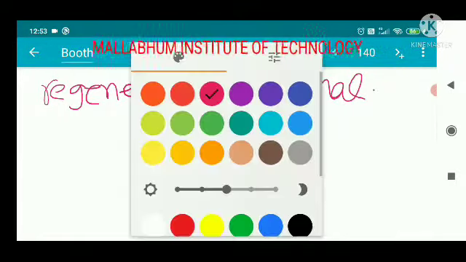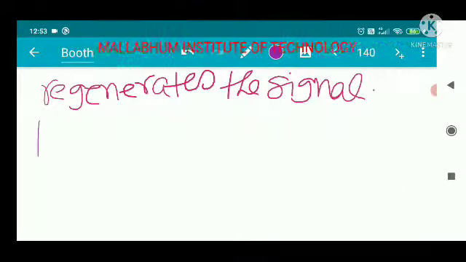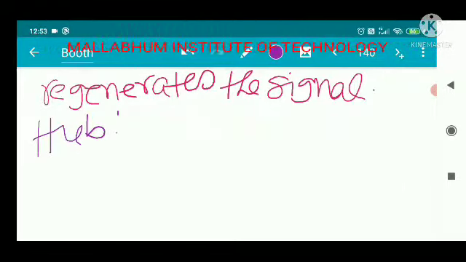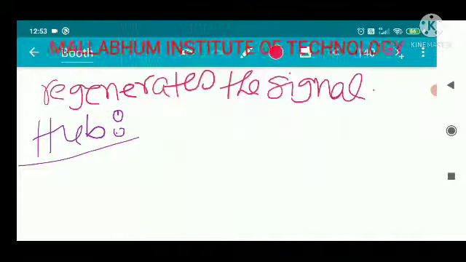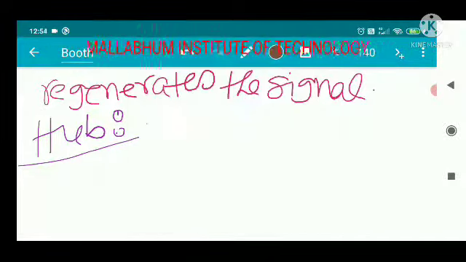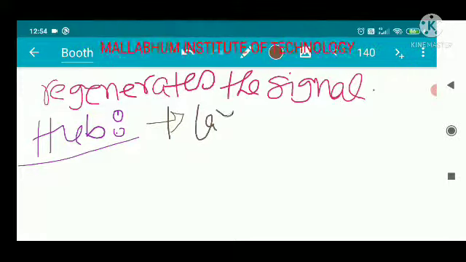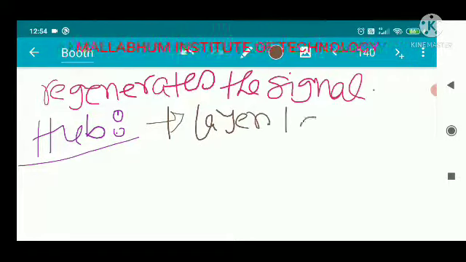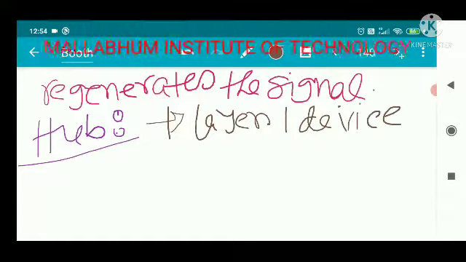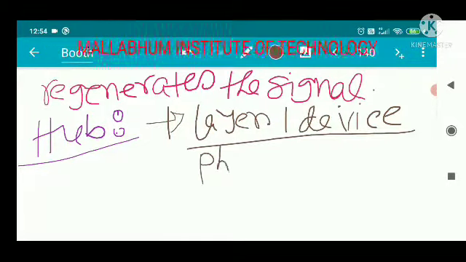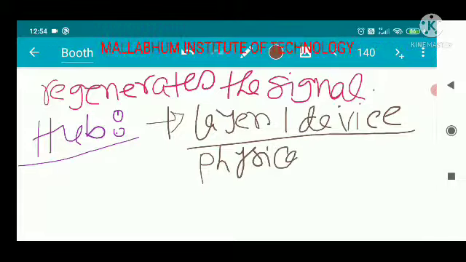Now coming to the second device, your hub. Coming to the characteristics of the hub, it is also a layer 1 device. Layer 1 device means it also operates in the physical layer.